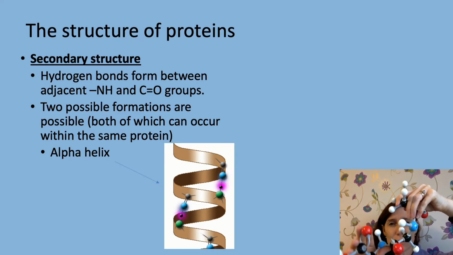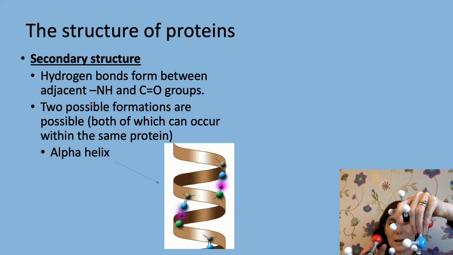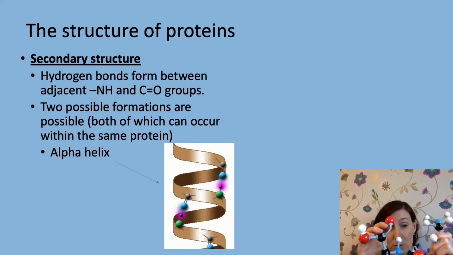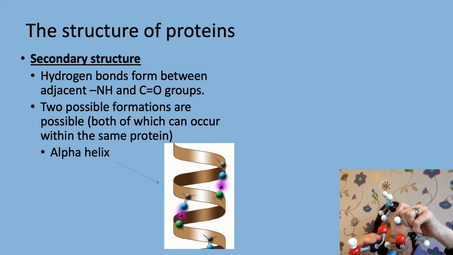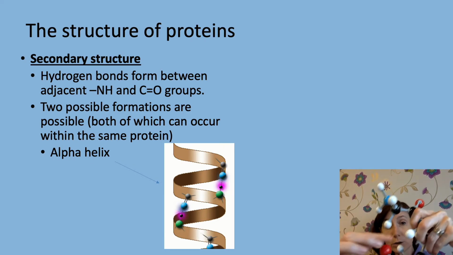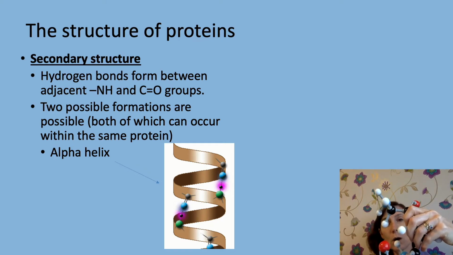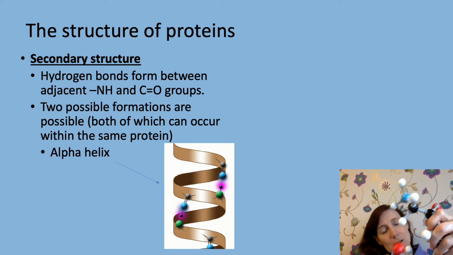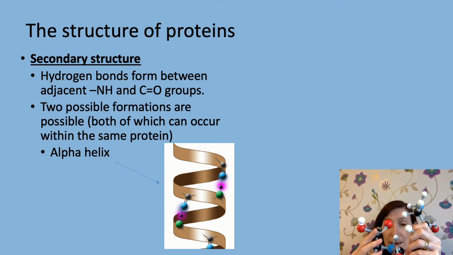This alpha helix is the twisting of the chain, and it's held together by the interactions of the carboxyl groups with the amine groups. If they get close together, they can form a hydrogen bond, and the hydrogen bond will hold it in that position and stop it twisting any further. So we get that nice secure structure there.